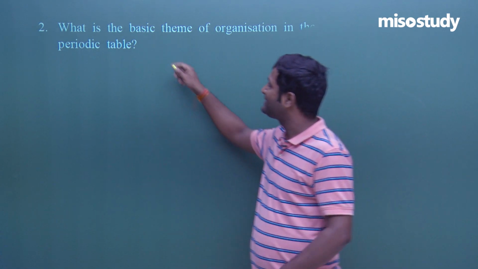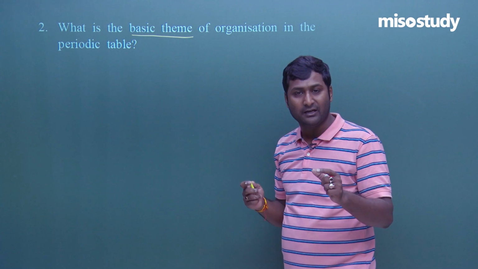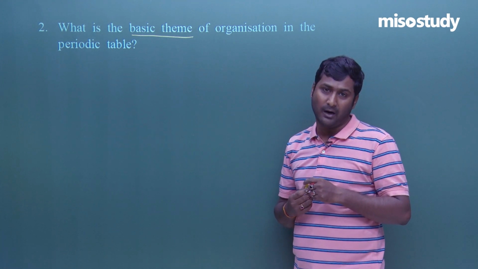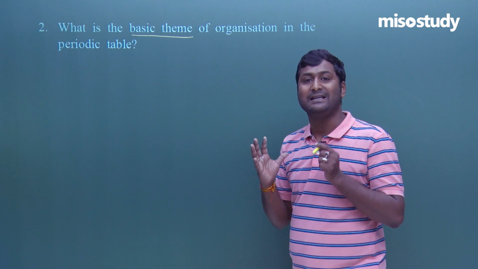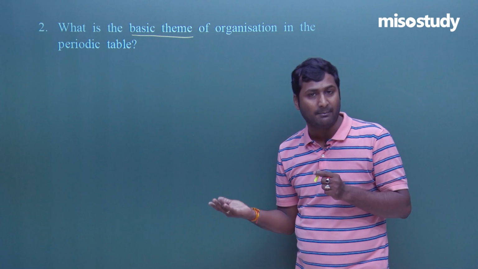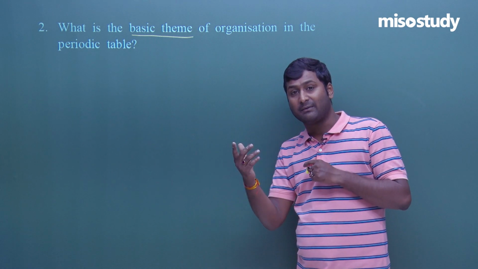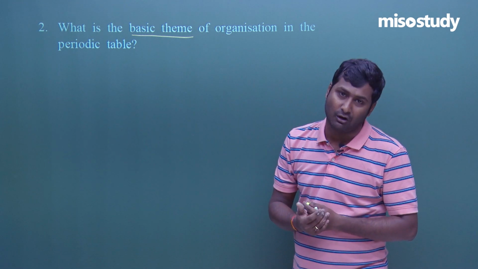So, what is the basic theme? Systematic study of the properties of elements and the properties of their compounds. We need a periodic table so that we can easily understand everything: physical properties, chemical reactions involved, then physical nature, chemical nature, and properties of their compounds also.